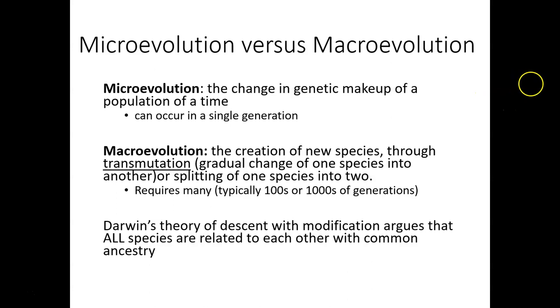Macroevolution typically is a much larger scale type of evolution than microevolution, and occurs over very long periods of time. Darwin's theory of descent with modification argues that through a series of microevolution and eventually macroevolution, all species are related to each other through common ancestry.